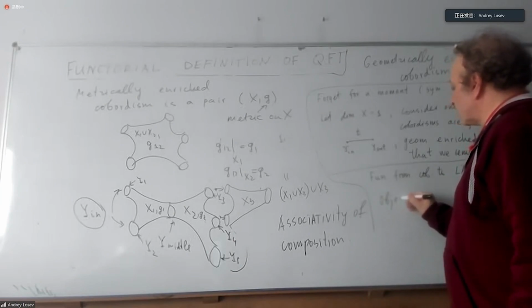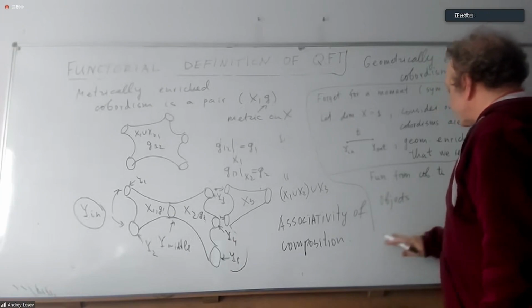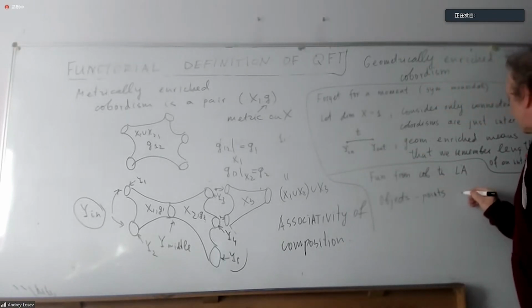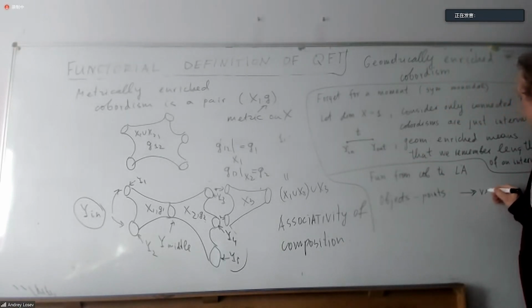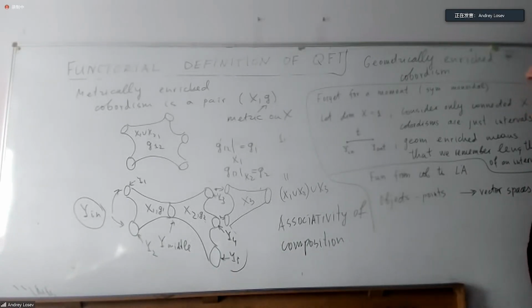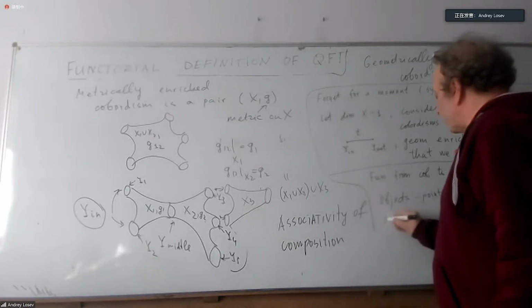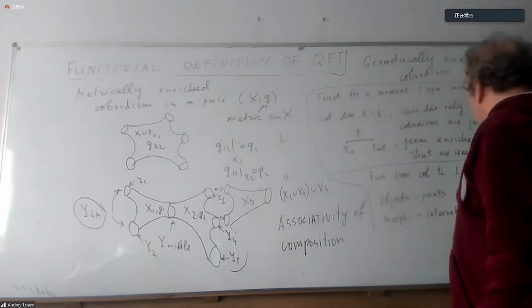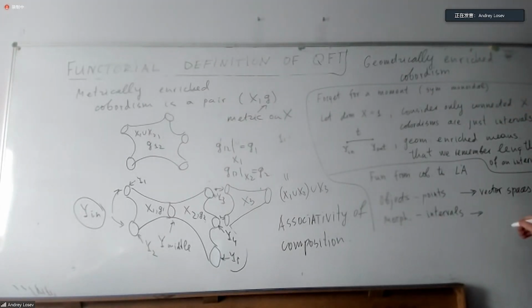So objects, which would be points, would go to vector spaces that I will call L. Then morphisms, intervals, would go to morphisms here.